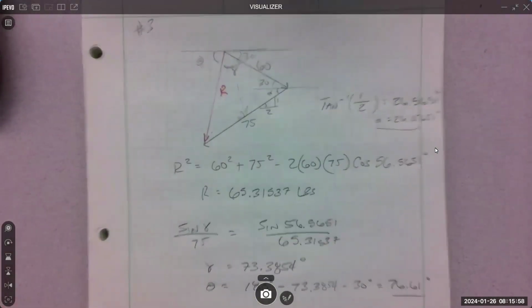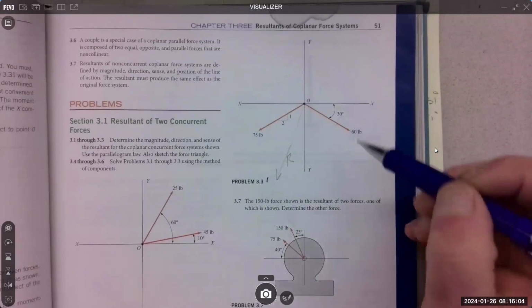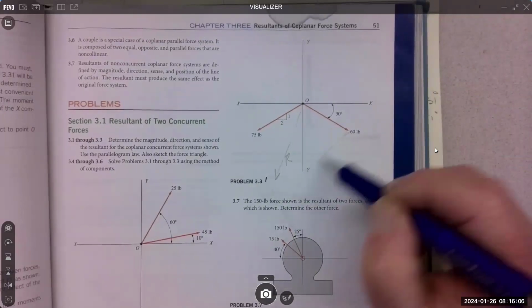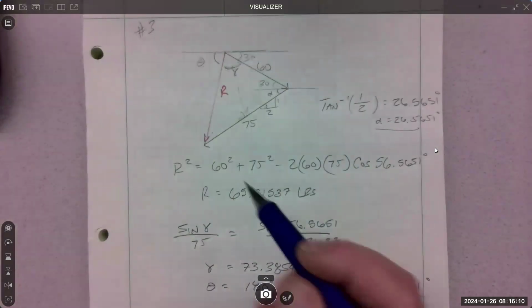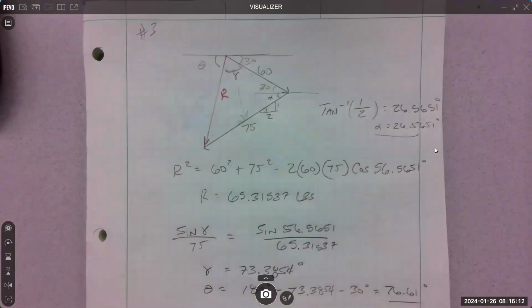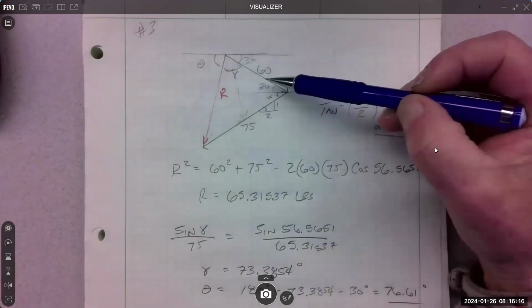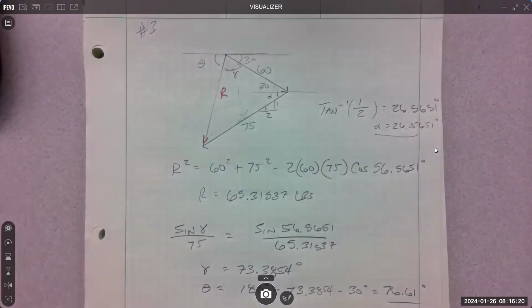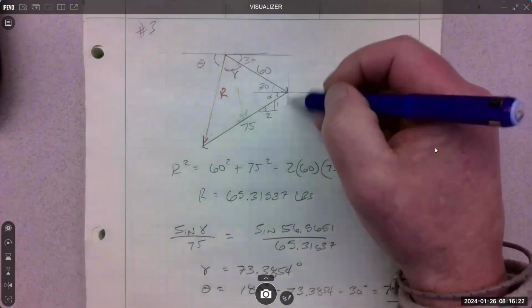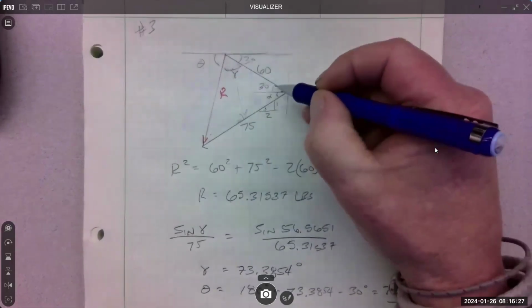So here it is. I did the 60 first, this one. Then I added the 75 to it, keeping it in position, and that gave me the R value. So here's my 75 at its angle. Here's my 60 at its angle, 30. Again, I like to draw the XY coordinate system at this location and put in what I know.